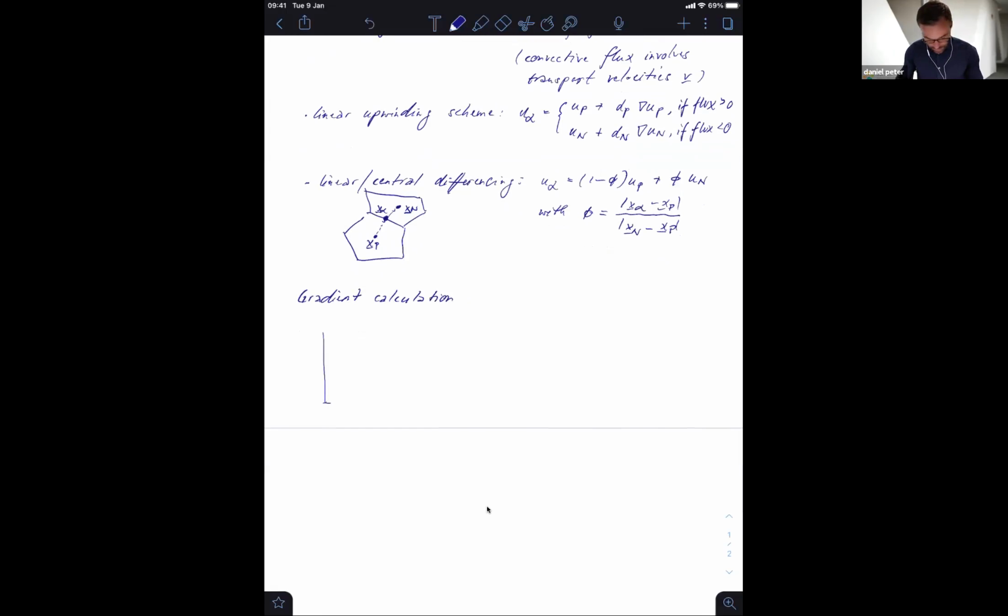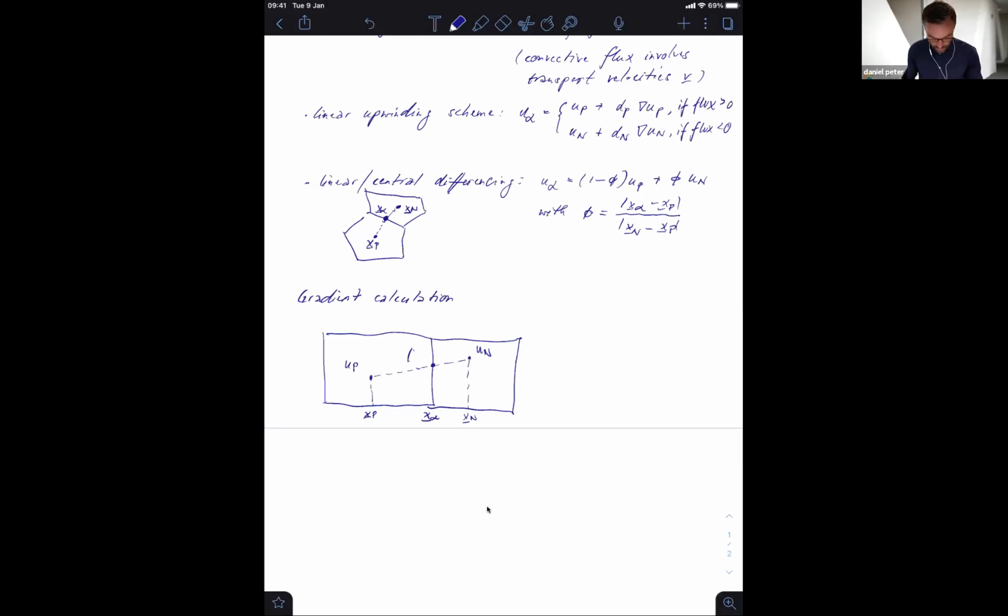And so the idea here is we have two cells. We have a value, let's say UP, and a value UN in the neighboring cell. So this comes from the centroid P, this comes from the centroid N. And what we are interested in is the gradient at the face alpha.